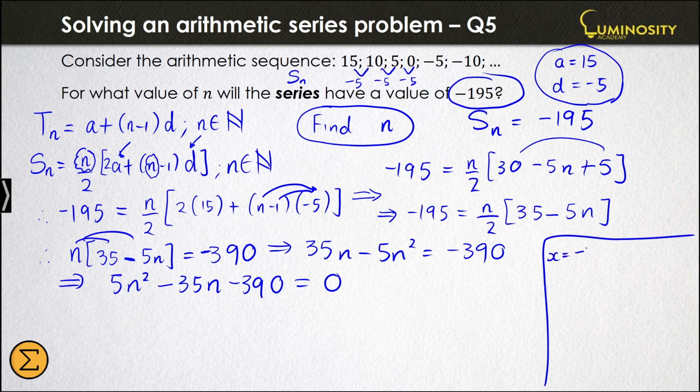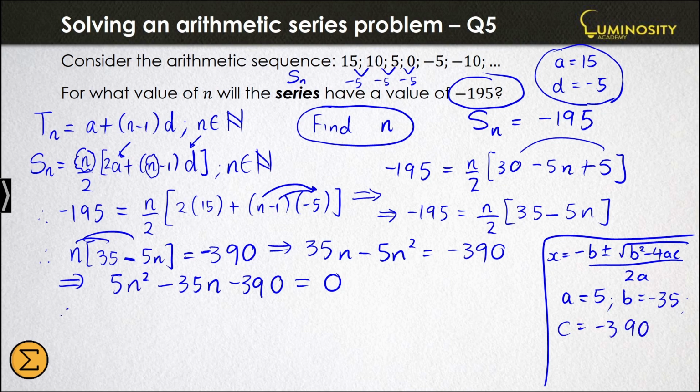X is equal to -b plus or minus the square root of the discriminant term, b squared minus 4ac, all over 2a. A in this context is 5, the coefficient of n squared. B is the coefficient of n, which is -35. And c is the constant term, which is -390.